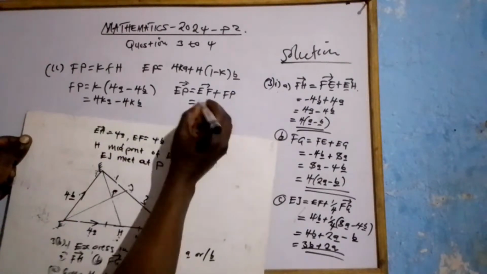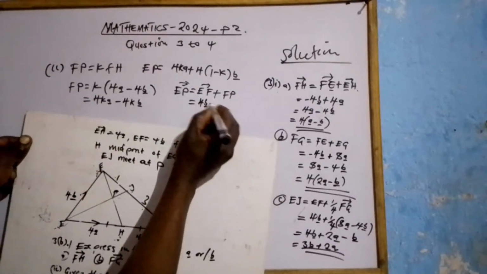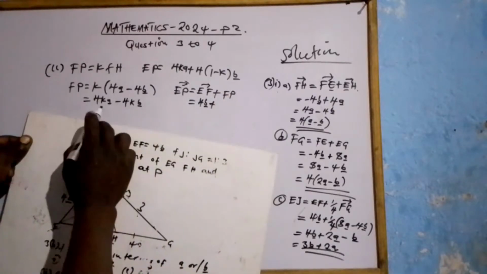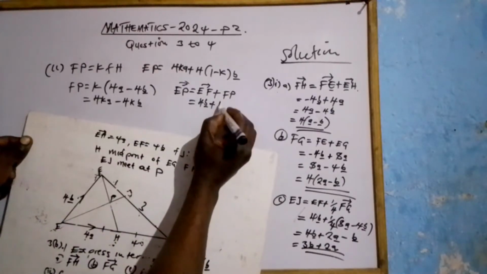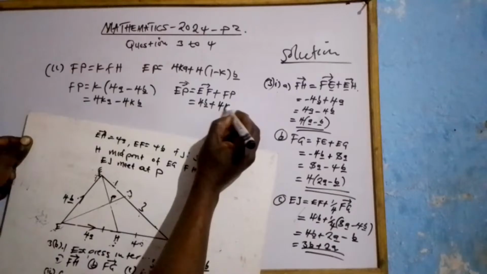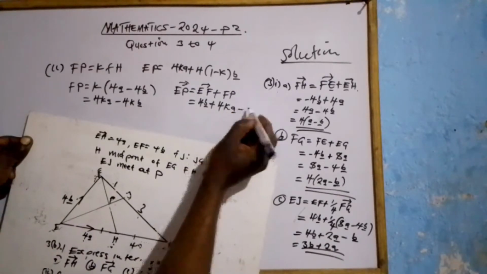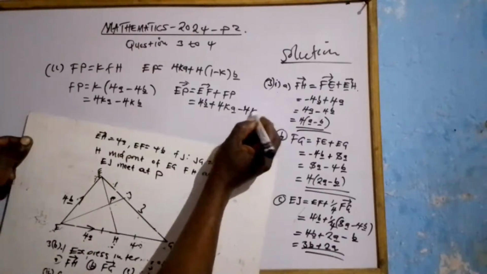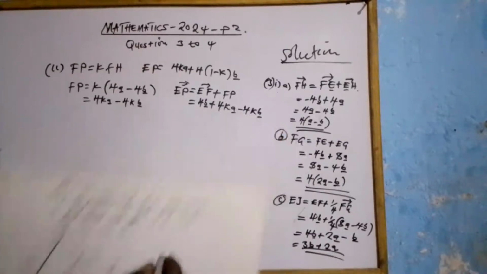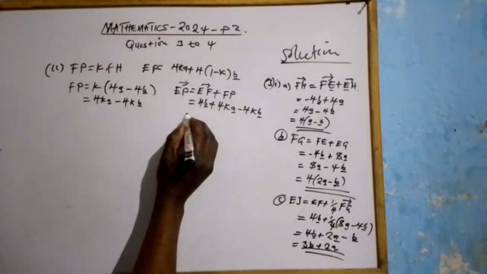EF we have 4B, then plus FP we find that it is 4KA, then minus 4KB, okay?